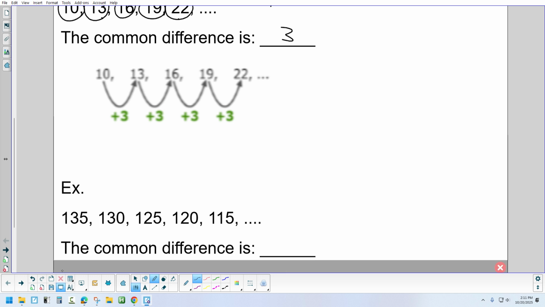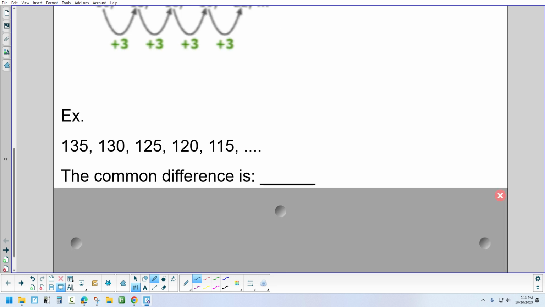All right, let's look at this one. Common difference. Anybody think they see what the common difference is in this one? Let's check it. How do you get from here to here? Yeah, you subtract 5. Let's make sure it's the same again. -5. Yep.